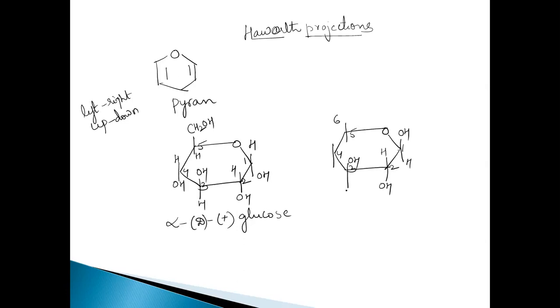Second, third is just the reverse, and H, OH, and this is CH2OH, and H. This is beta D plus glucose. Dextrorotatory, and plus here for dextrorotatory. Yes, it is D notation. This is how you write the Haworth projection formula from the Fischer projection formula for alpha and beta glucose.